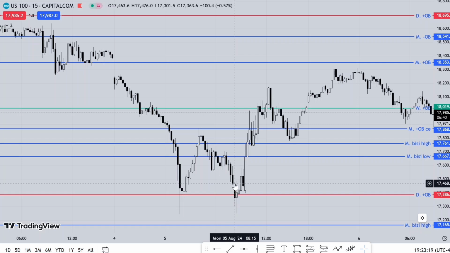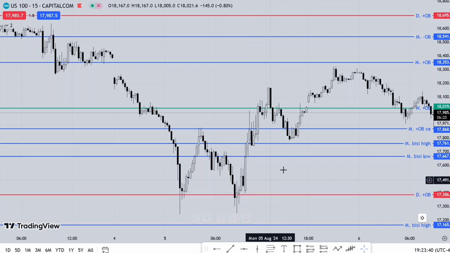So you'd want to enter from the order block, and your stop loss at the low of the order block, which is making this key level a key support level. So you want to see this support level hold.